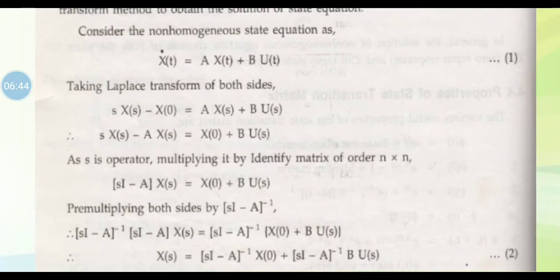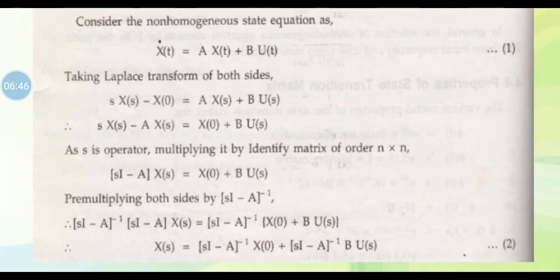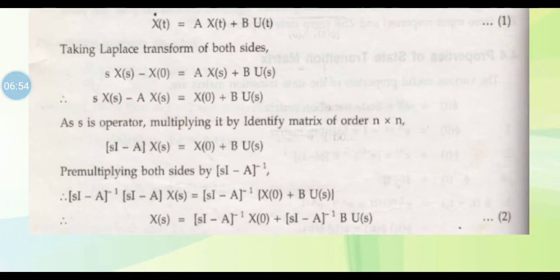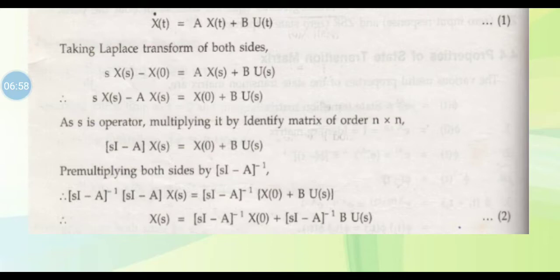So we'll consider the non-homogeneous state equation as x dot of t is equal to A x of t plus B u of t. Taking the Laplace transform of both sides, s X of s minus x of 0 is equal to A X of s plus B U of s.